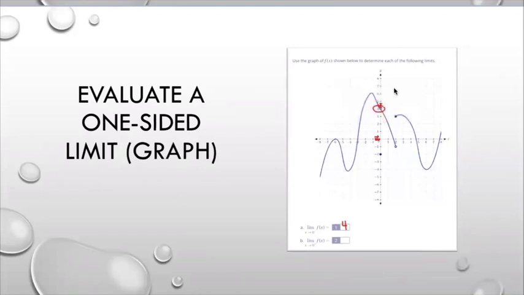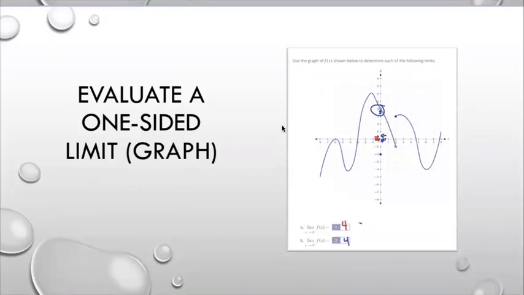Again, you are choosing values that are getting closer and closer to 0, but from the other direction. You will look at what is happening with the y values, and again, the y values are getting close to 4.